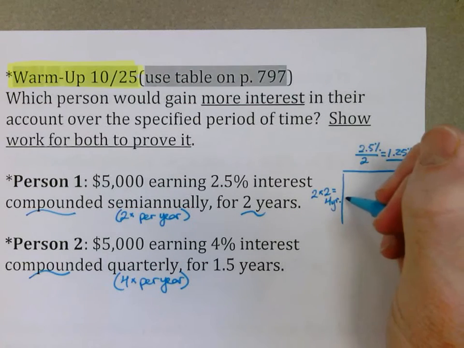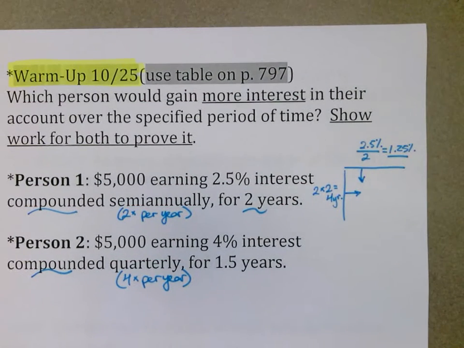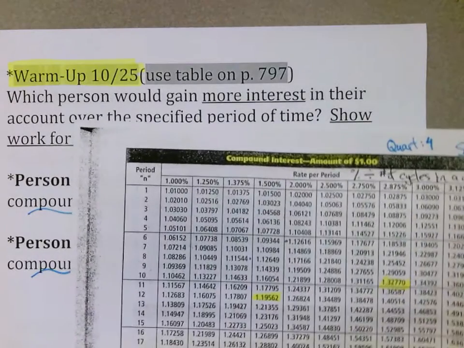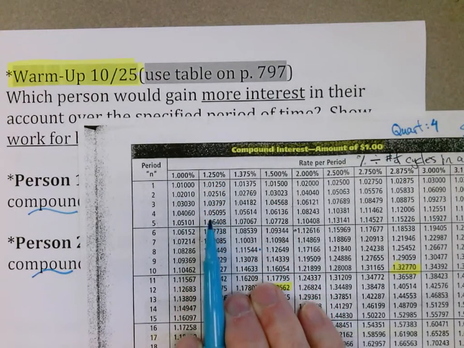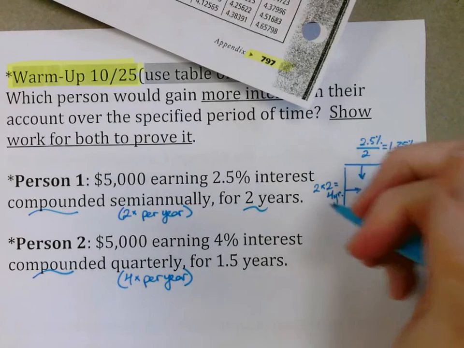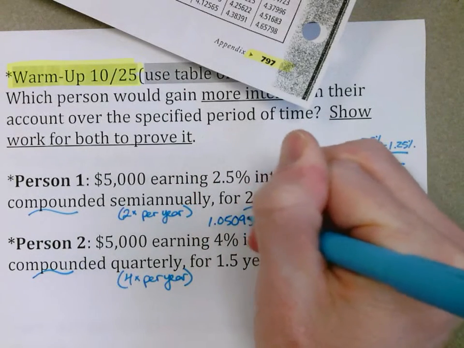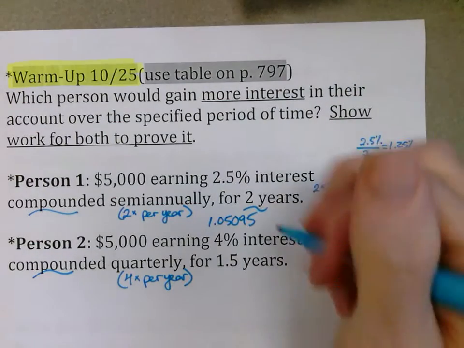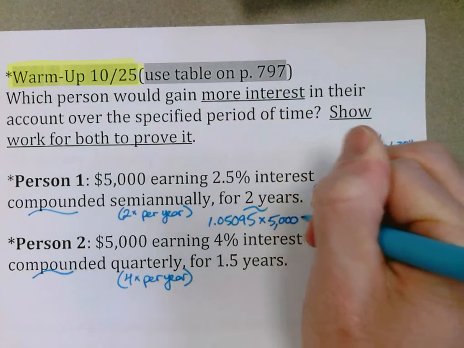So if we track in from 4 over to 1.25, we're going to get our money multiplier from the table. 1.25 is here. We're going to drop down to 4. So there it is, 1.05095. You guys know that we take that number and multiply it times the amount of money that we've put into the account.